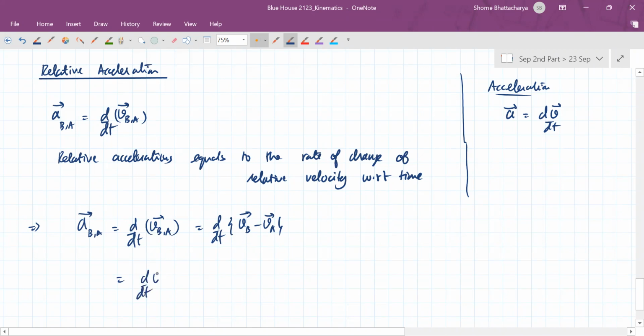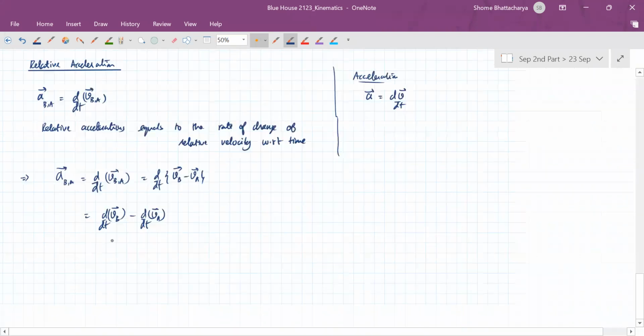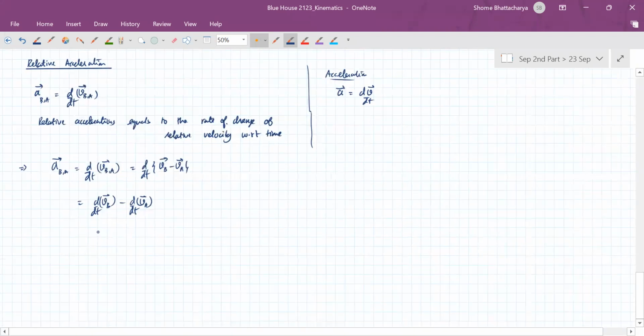So next step, it becomes rate of change of vb minus rate of change of va. And we know that by definition, rate of change of vb is acceleration of b in the ground frame, and similarly, this is acceleration of a. So we get another symmetrical kind of formula: acceleration of b with respect to a becomes the acceleration of b minus the acceleration of a.